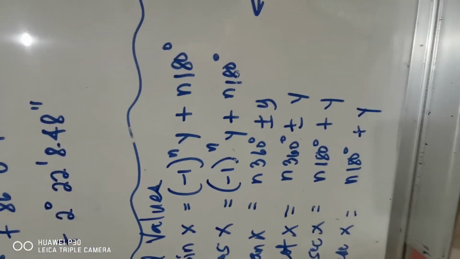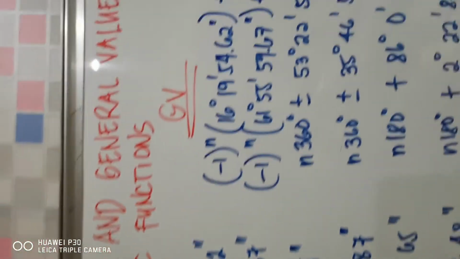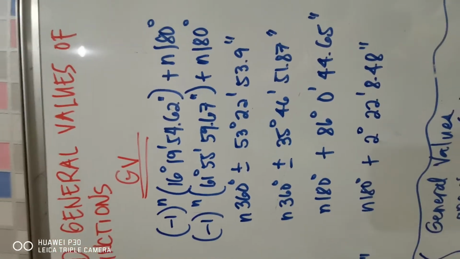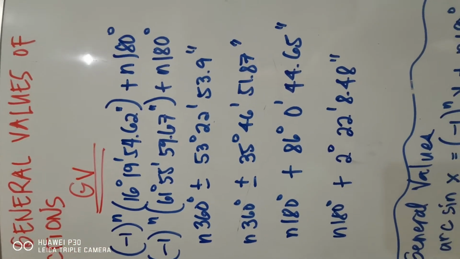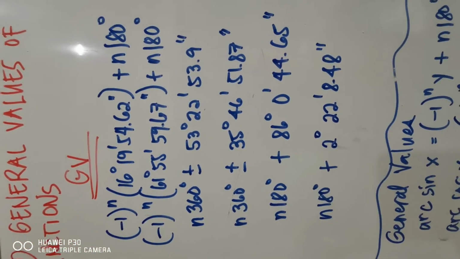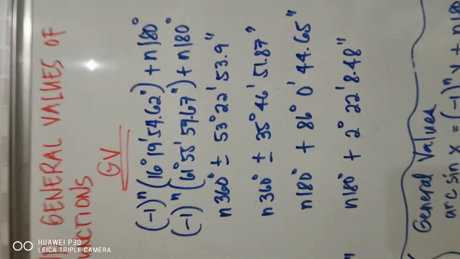Notice that instead of writing y, we write the principal values as a substitute for your y. Again, I would like to remind everyone that the general values are infinite. It could proceed to positive infinity or to negative infinity of angle measures.